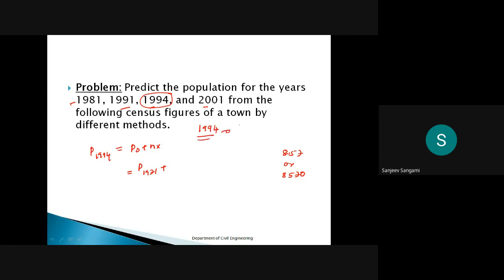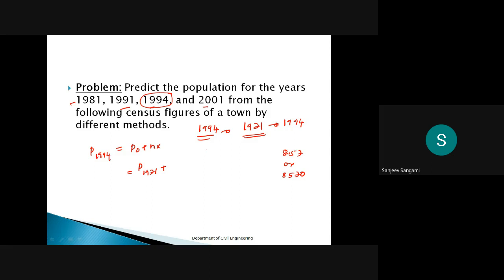If you want to calculate 1994, from 1971 to 1994, how many years is the difference? If you want to calculate it, from 1971 to 1981, that is 10 years. So then 1981 to 1991, that is 20 years.